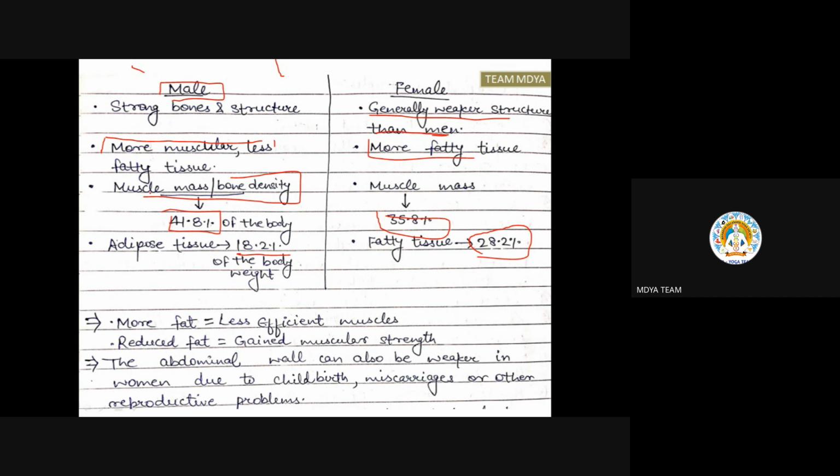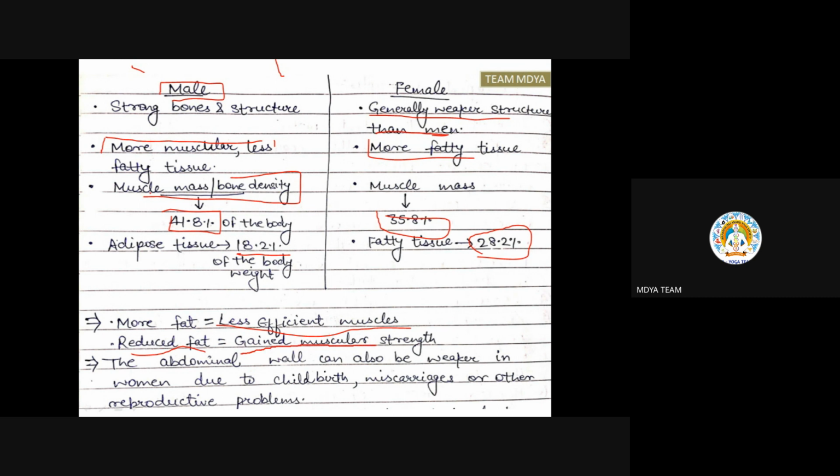If someone has more fat, then it means they have less muscular strength. More fat is equal to less efficient muscles, and if the fat is reduced, then it means they have gained muscular strength.